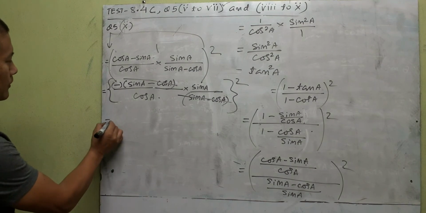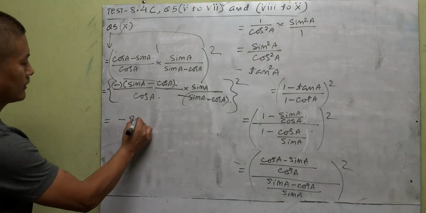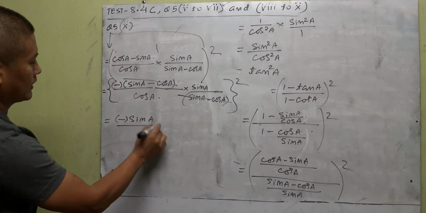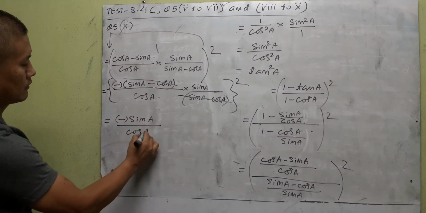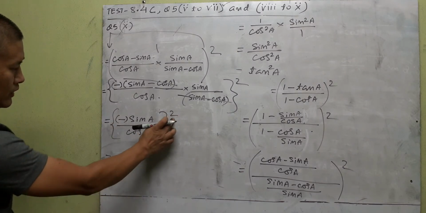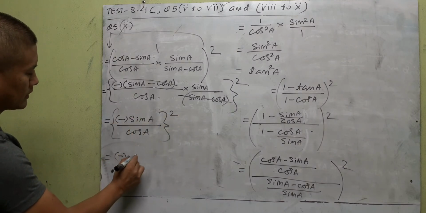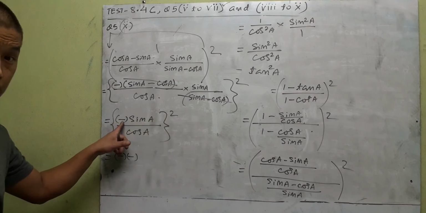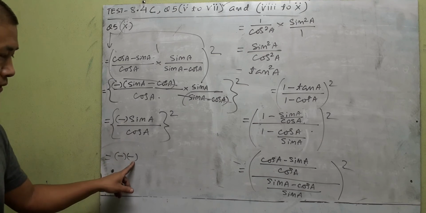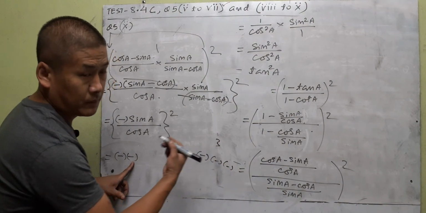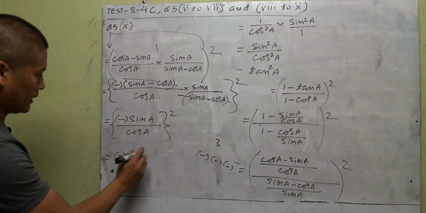So here we have minus sine A, minus into plus, minus sine A, divided by cos A, the whole thing squared. Squared means the sign also is squared, minus into minus, because the power belongs to the sign also. If it is cubed, then there will be minus into minus into minus three times.